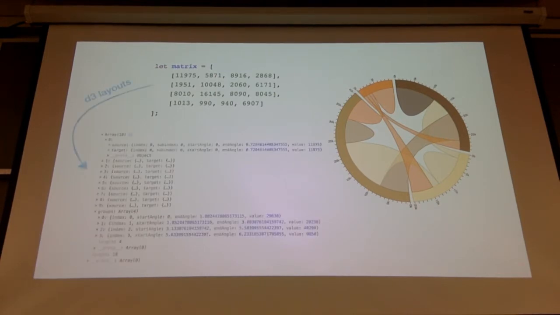So instead, we let D3 layouts transform the data into something that looks like this, where all of a sudden each one of these arrays here represents one of those chords going across the center, and these end groups and angles are the edges of your plot around your circle, right? So it's automatically doing some pretty hefty data translation for you. So that's what D3 layouts do and why you probably want to use them. But the D3 data bind and draw call is all you.